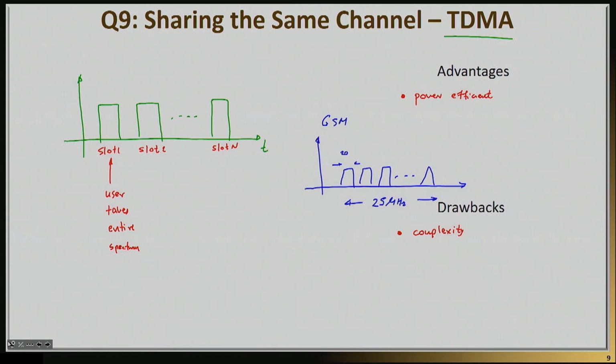Each channel becomes 200 kilohertz, and within each one of these channels, we actually multiplex 8 users using TDMA. So this is one example of a technique that uses basically everything. You chop your 25 megahertz into small channels, and each channel is time multiplexed to serve essentially 8 users.